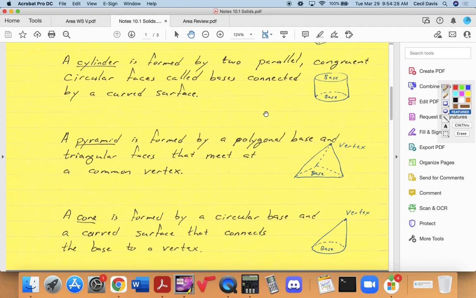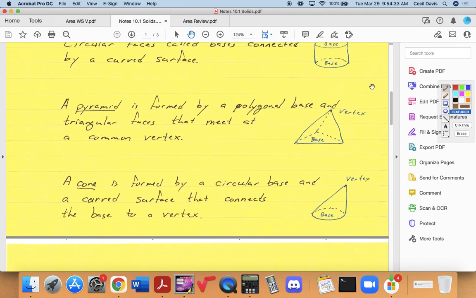That's the only difference. Now, a pyramid is formed by a polygonal base, and the one that you're most used to, like if you think of Egyptian pyramids, what's the base of an Egyptian pyramid? Square. It's a square. Those are square pyramids. But you can have triangular pyramids, you can have hexagonal pyramids, you could have a trapezoid for the base of a pyramid.